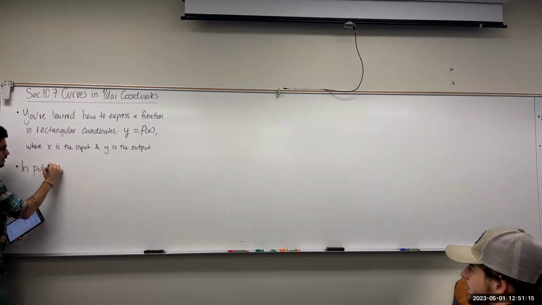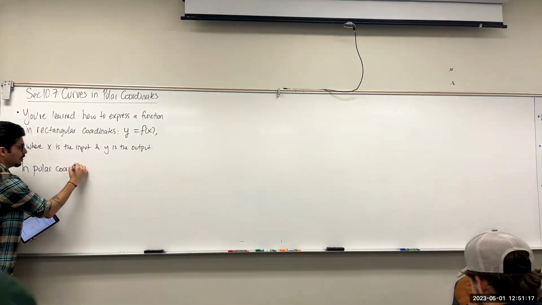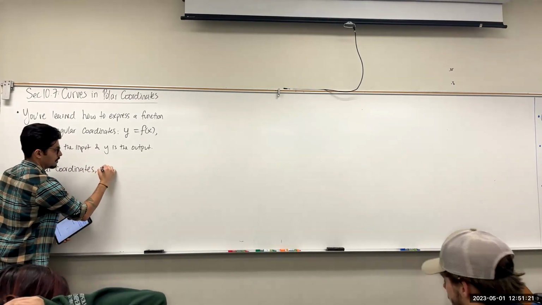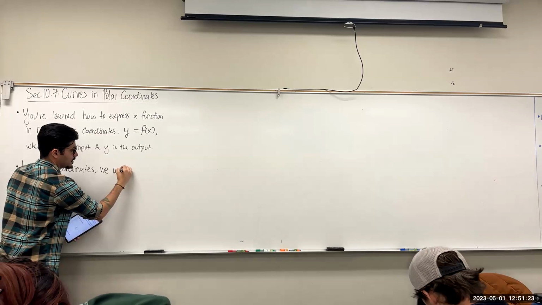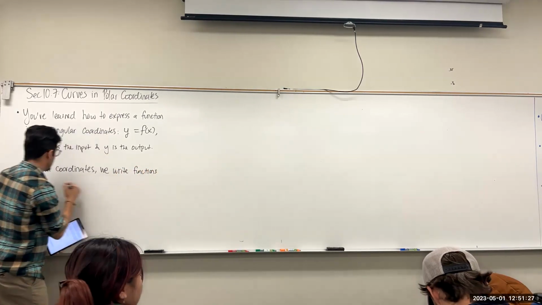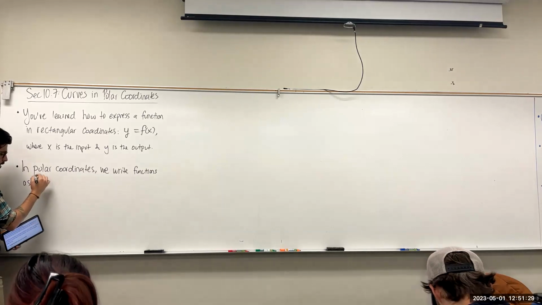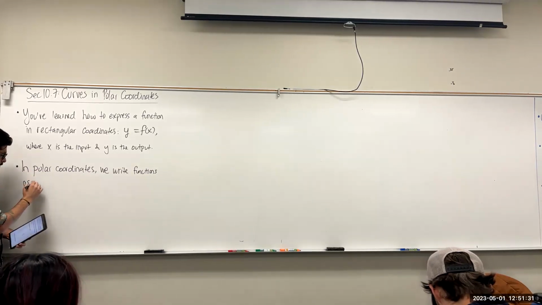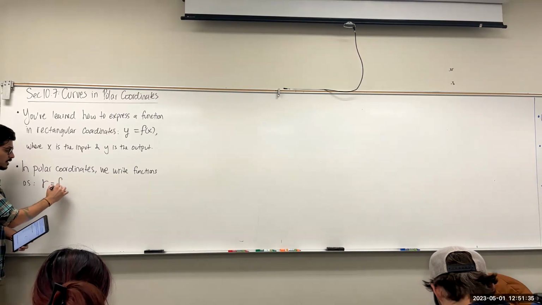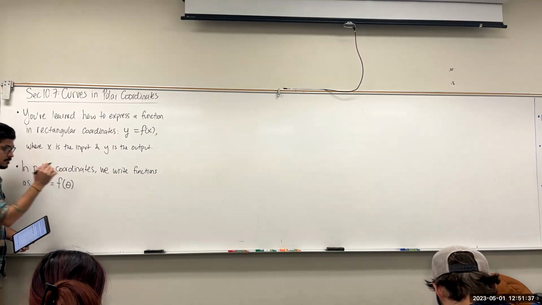In polar coordinates, we just looked at coordinates and equations, but we didn't look at functions. We write functions as r is going to be a function of your angle theta.